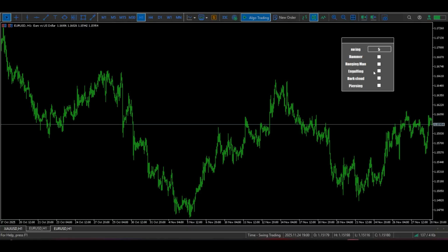So when you choose 3 for the swing value, it will show you that the pattern candle is the lowest price between the last 5 candles, or the candle has the highest price between the last 5 candles. As you see, patterns will be shown instantly with just one click on the dashboard or by enabling them in the settings.